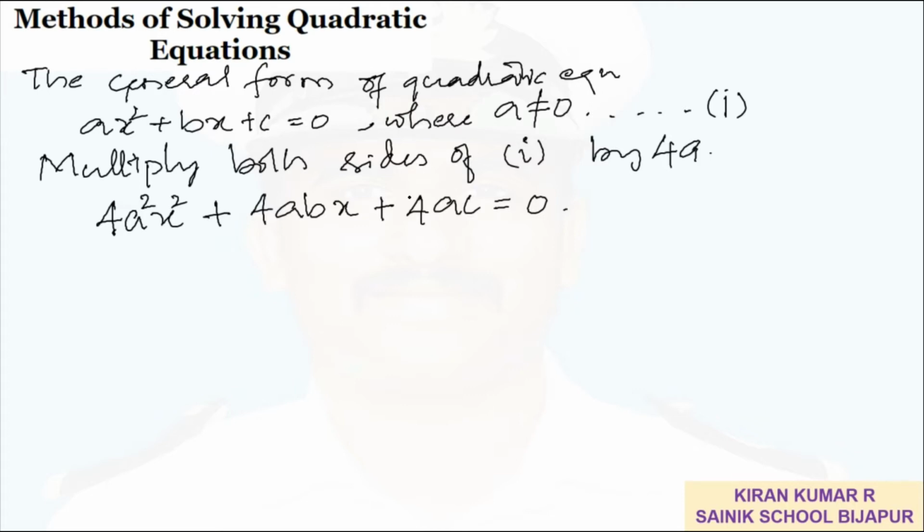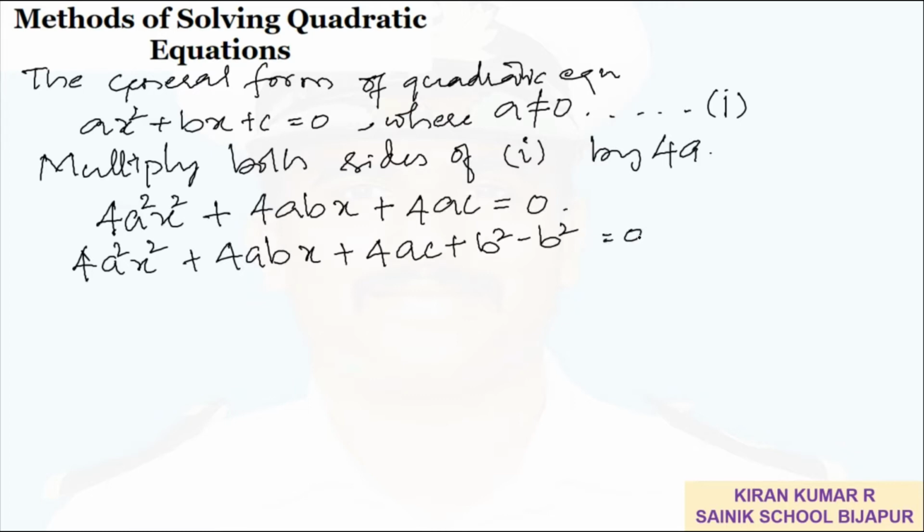I can do a small trick here. I can add b square and subtract b square so that I can use an identity a plus b whole square. Suppose if I add b square and subtract b square, I'll be getting 4a square x square plus 4abx plus 4ac plus b square minus b square equal to 0. Now you observe this term which I am underlining.